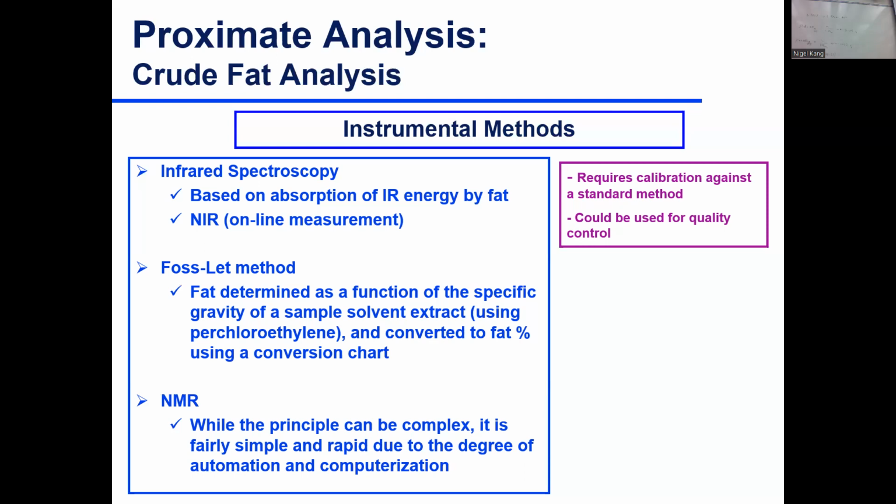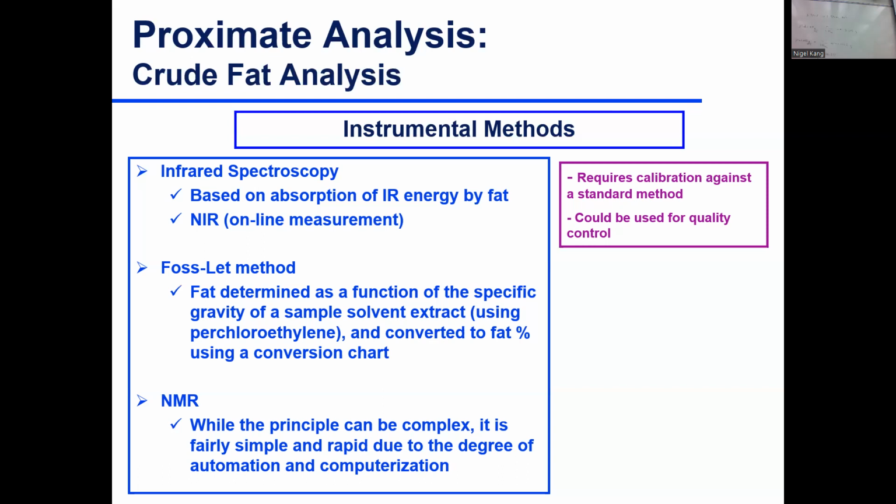But once you're doing it, you need to do an official method as well. You need to use Soxhlet or Mojonnier as an official method to provide you a calibration equation. So you prepare your samples with different fat content, one specific sample type with different fat content. You measure the IR or NIR absorbance, and then you measure the fat content with Mojonnier or Soxhlet. So Mojonnier tells you sample A has 2% fat, sample B has 4% fat.